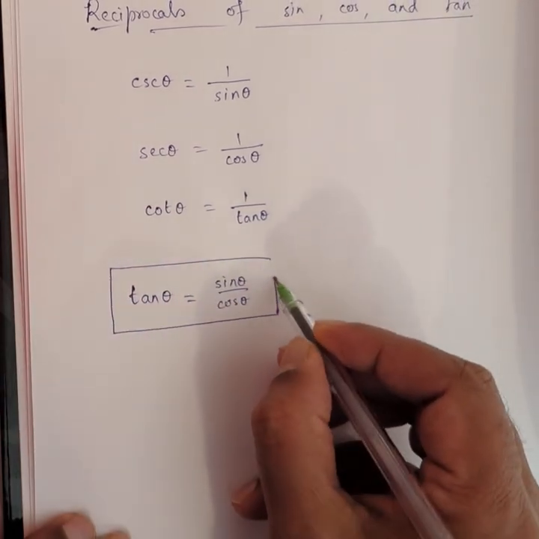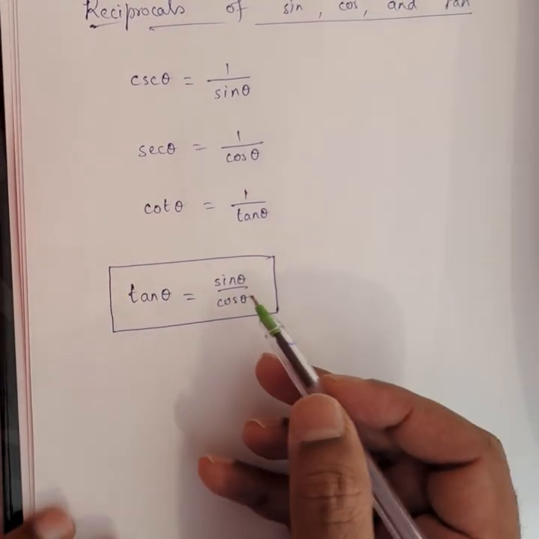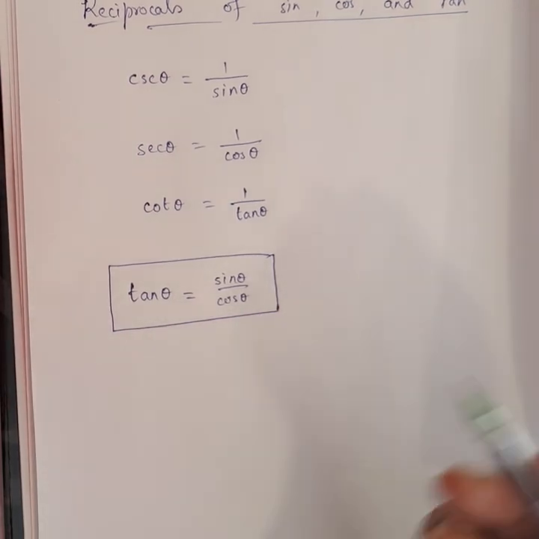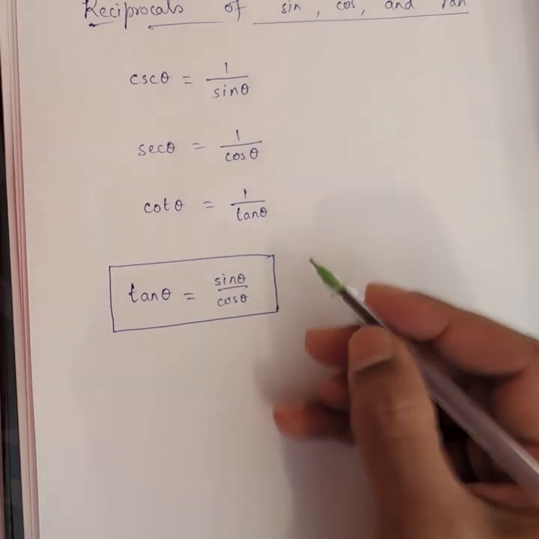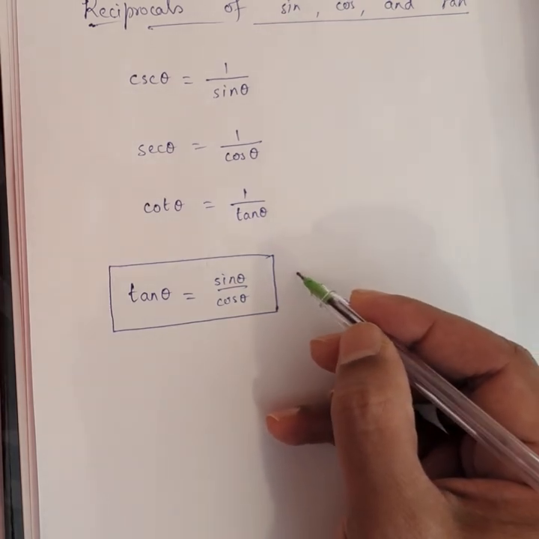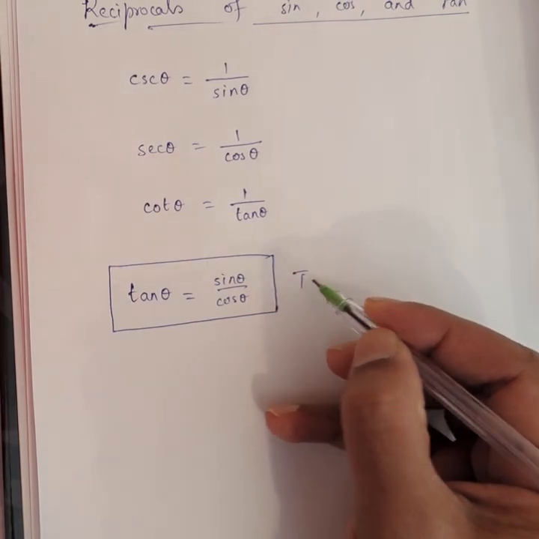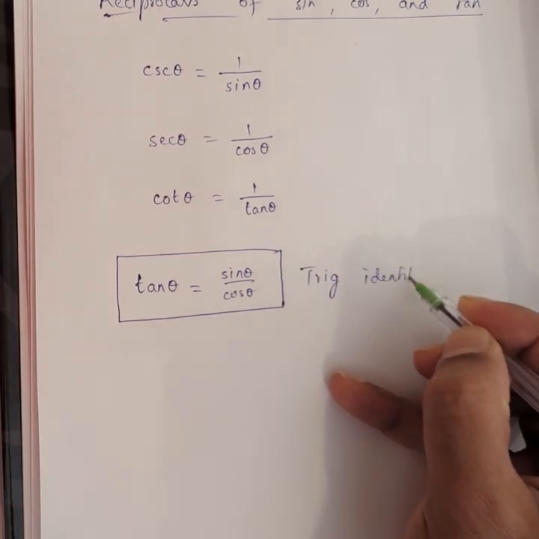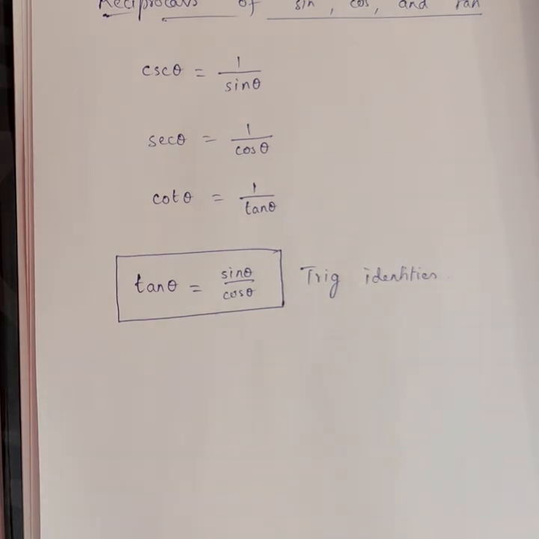Now, anytime you have an equality of two expressions involving trig functions, you say that it's an identity. So this is one of the trig identities. And there will be a lot of them. We'll see in subsequent videos.